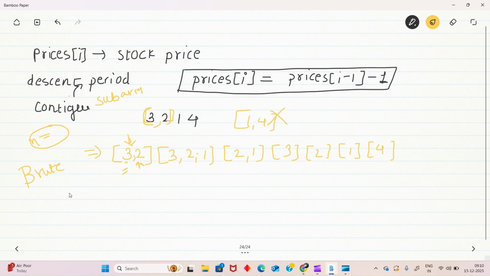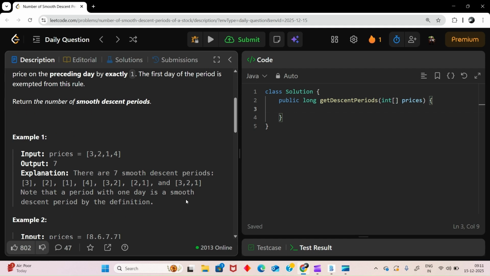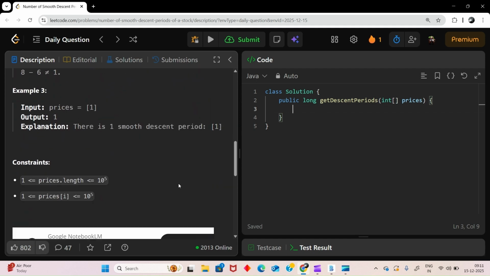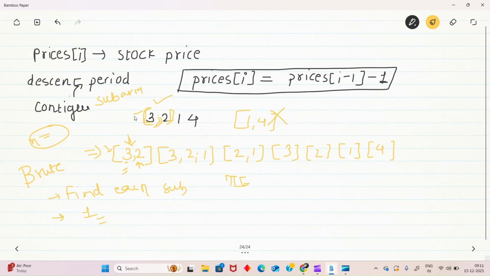We will find each subarray, and check if each element in that subarray has a difference of 1. If yes, we consider that in our answer. We won't be solving this, but I'm sharing the approach. It will give you TLE because the length is up to 10 raised to 5, and doing this operation will be very costly. So instead we will think of another approach.